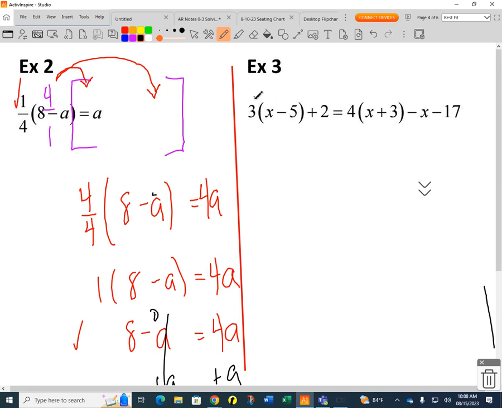So it's going to be 3 times x minus 3 times 5, but not 3 times 2. So 3 times x minus 15 plus 2. The only way that 3 gets distributed to a number is if it's inside the parentheses, and there's nothing in between that number and the parentheses. So here, 4 times x plus 4 times 3, 4x plus 12 minus x minus 17.